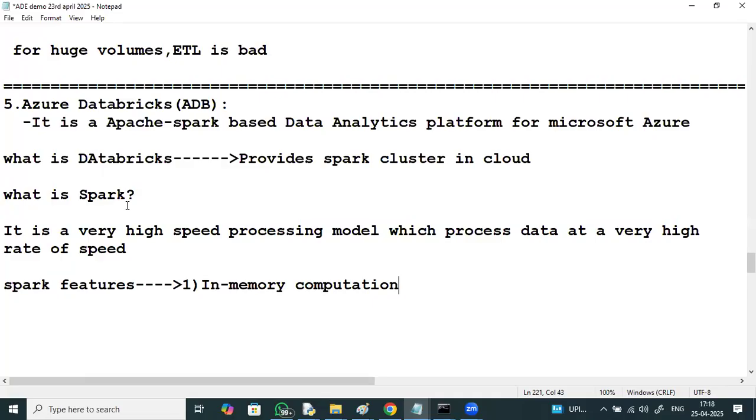It also supports MPP, massive parallel process.